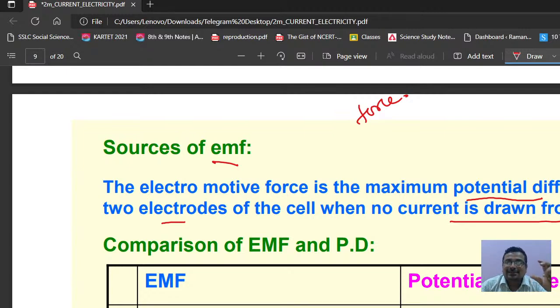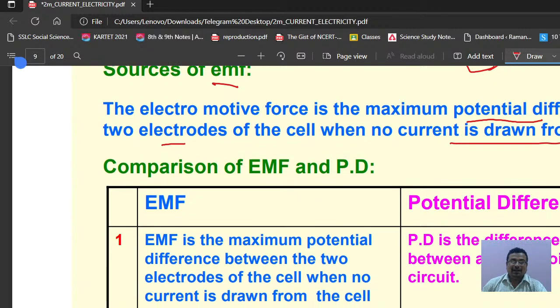A cell is the source of DC current that converts chemical energy into electrical energy, that is the direct current. So electromotive force is the maximum potential difference between the two electrodes, positive and negative, of a battery when no current is drawn from the cell, so it is in switch-off condition.